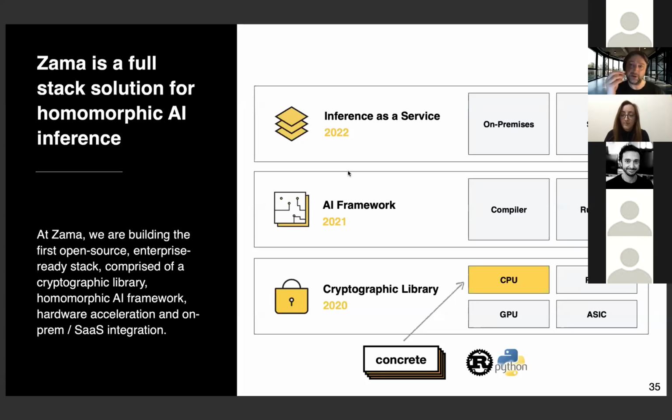It takes as input a neural network in the ONNX format, which is meant to be kind of universal, and its output is a homomorphic representation of the converted network. But all the technical details about the FHE parameters being optimized and everything are taken care of, so you don't have to do that. And of course, it's going to be open source so that everybody can contribute to improving the technology.